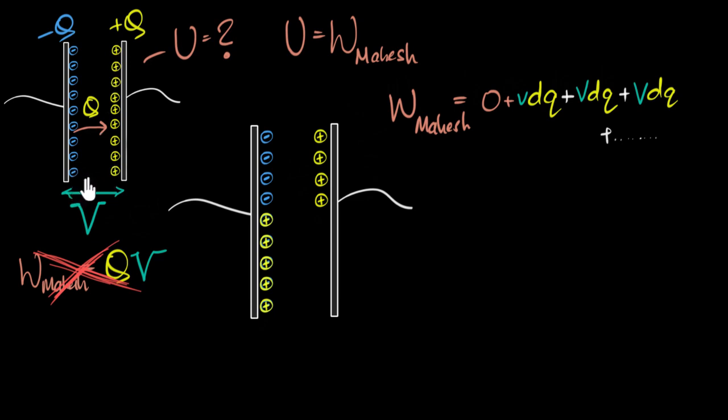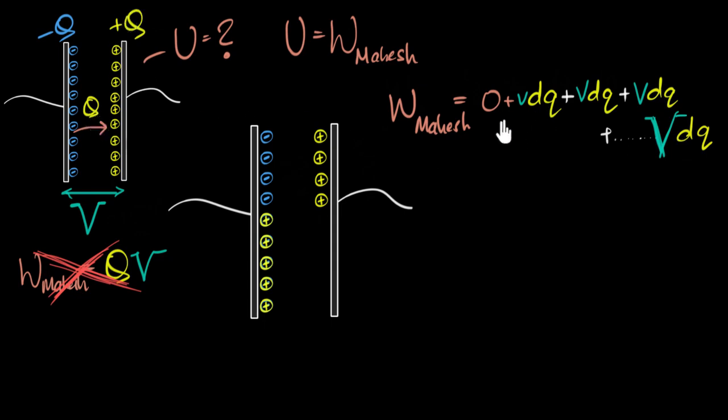The work that I do now goes through the potential difference, capital V. So now and only now, when I'm transferring the last charge, that's when I transfer the charge through the big potential difference. And so clearly, if I add up all these charges, all the dqs, I should get the total charge transfer Q.